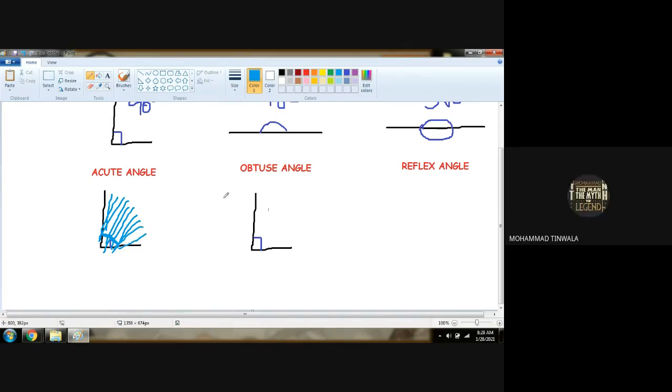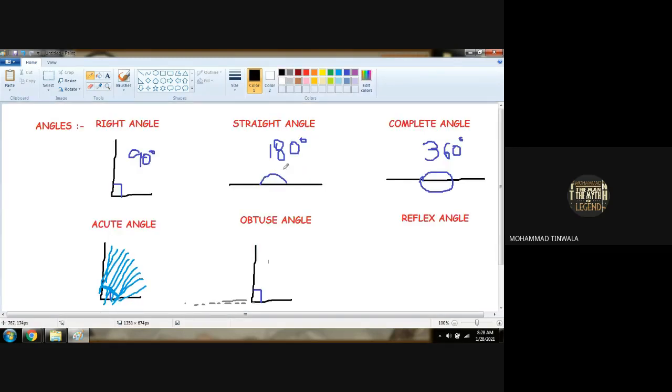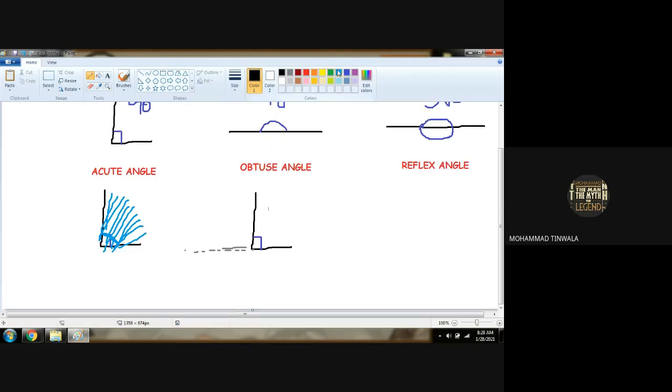But in obtuse angle, if we take this other line, a straight line, we already know that the straight angle is 180-degree. So the angle which is above 90-degree, like 90 point something, or even 91, is above 90-degree.